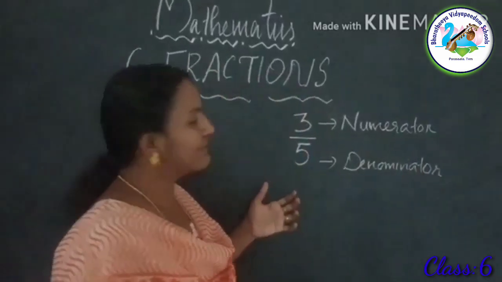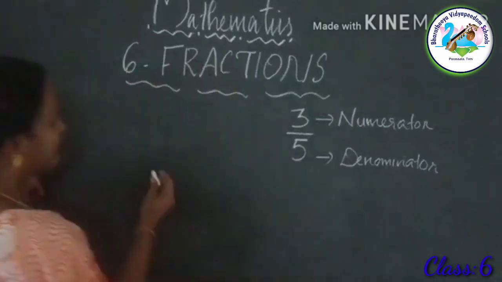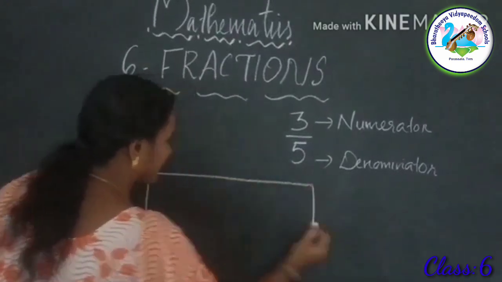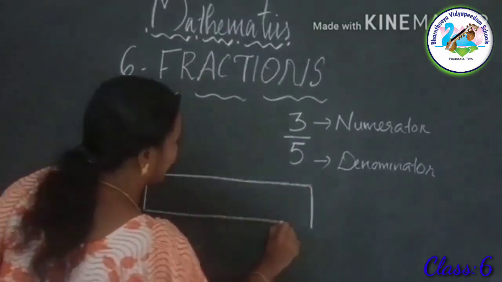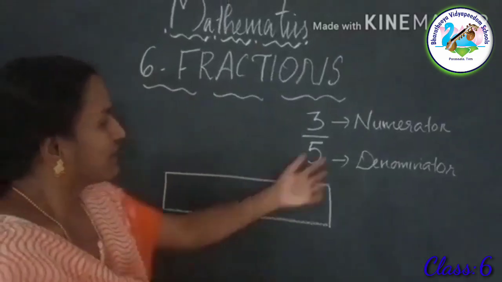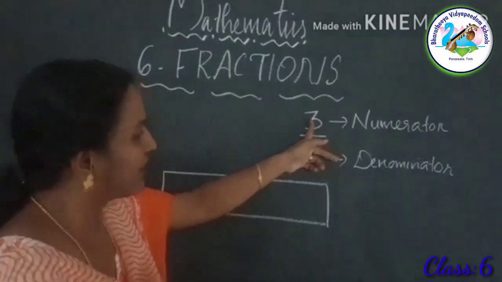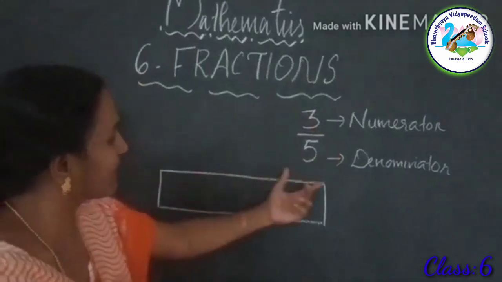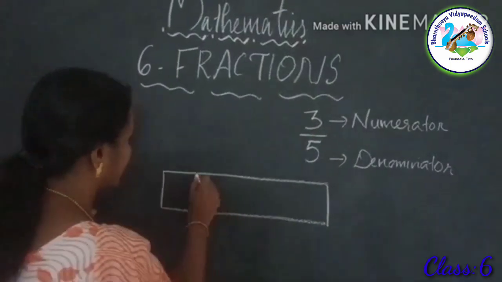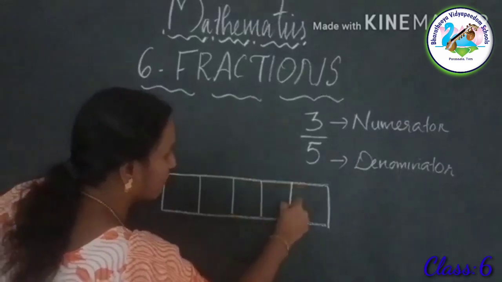Let us represent this fraction through a diagram. Let us consider a rectangle. Here the denominator is 5 and the numerator is 3. So the whole rectangle is divided into 5 equal parts: 1, 2, 3, 4, 5.